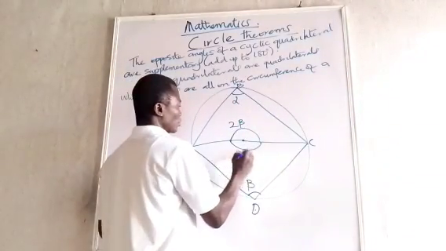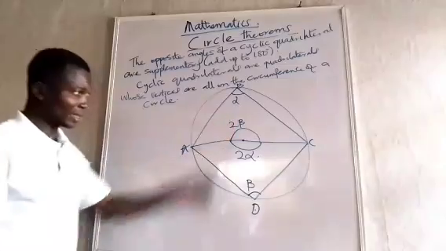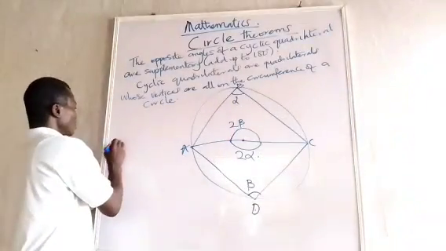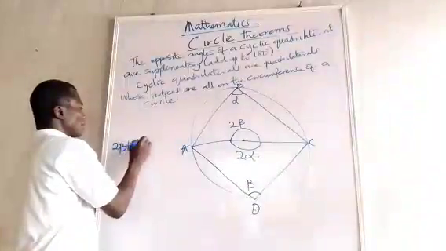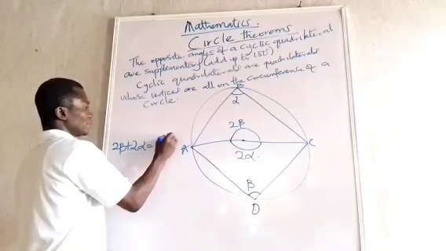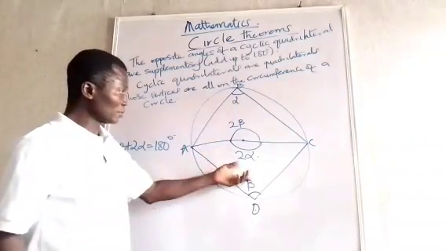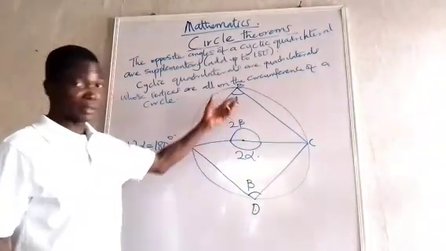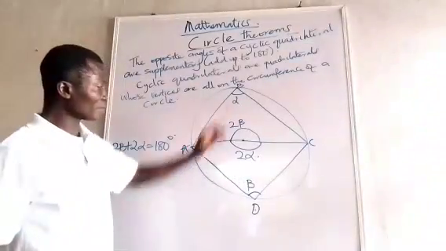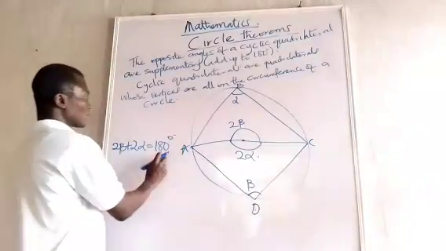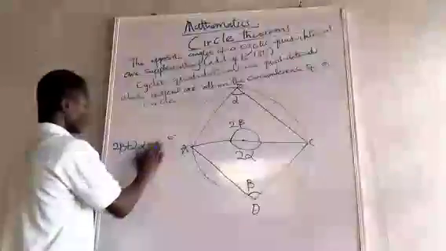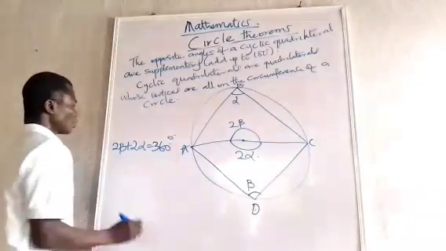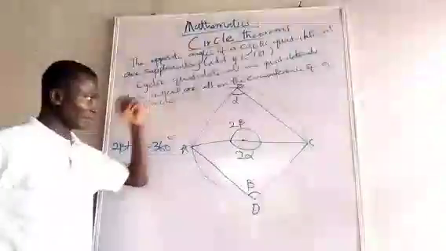And this place is 2 alpha. You can see. From the previous theorem, you know, angle at the center is double the angle at the circumference. So this one is double of this, this one is double of this. So 2 beta plus 2 alpha is equal to 360 degrees.